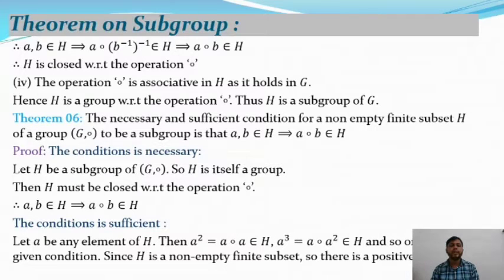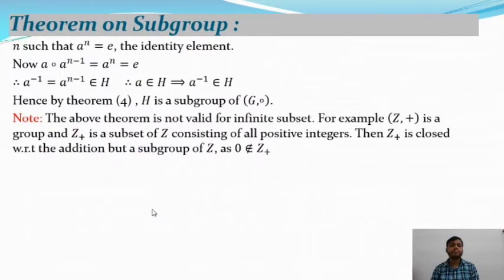So by the given condition, since H is a non-empty finite subset, there exists a positive integer n such that A to the power n is equal to E, where E is the identity element. So now A to the power n, divided into two parts, A composition A to the power n minus 1, is equal to E. Therefore A to the power minus 1, that is A inverse, is equal to A to the power n minus 1, and A to the power n minus 1 also belongs to H by the given condition.